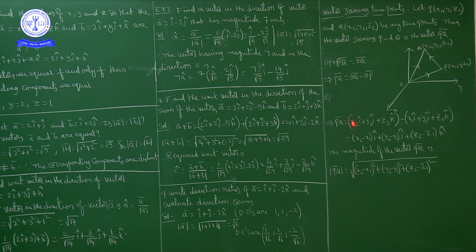So PQ bar is equal to OQ bar minus OP bar.